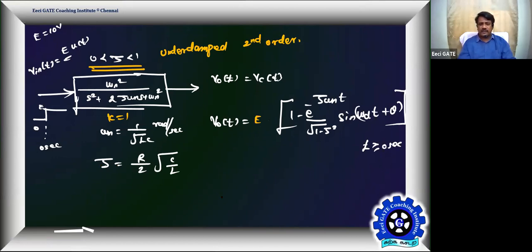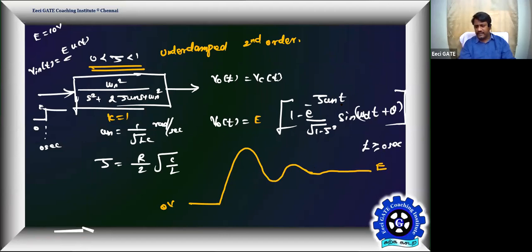Then for the given input command going from 0 to E, the response will start from 0 volt and will have the same response as we discussed in control system: an exponentially decaying transient finally converging to the supply voltage, because K is equal to 1 at steady state.